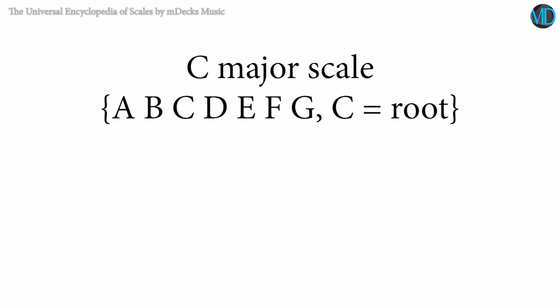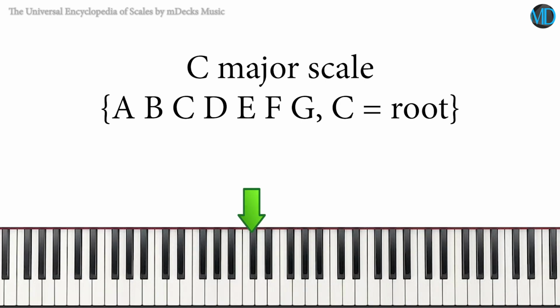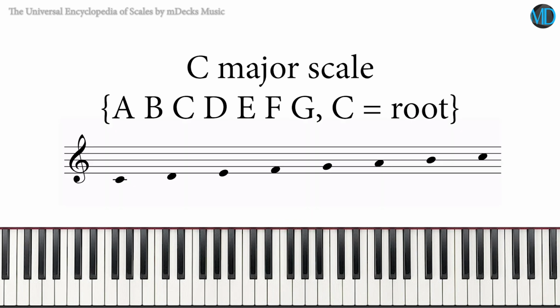What do you mean? Okay, let's look at the C major scale. A, B, C, D, E, F, G, with C as the designated root. When we sort the notes ascending, as we find them on the piano starting on C, we get C, D, E, F, G, A, B. Then the intervallic formula is whole, whole, half, whole, whole, whole, half.